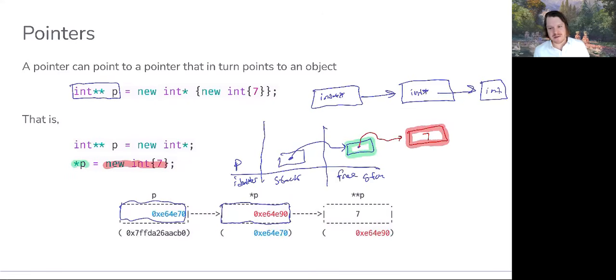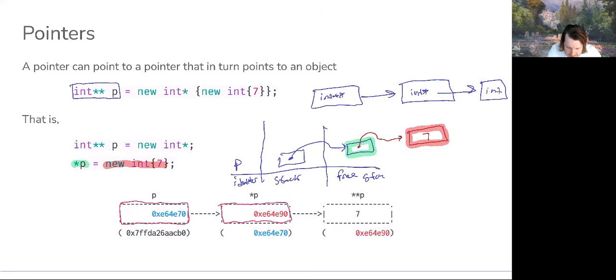You can look at this example here, which might better communicate this. We started out with declaring P, which is a pointer to a pointer. Its value is going to be the address of the pointer allocated on the free store.